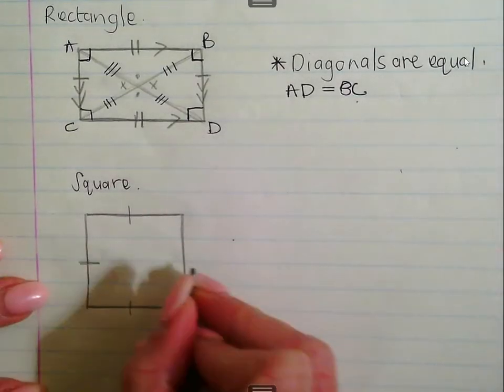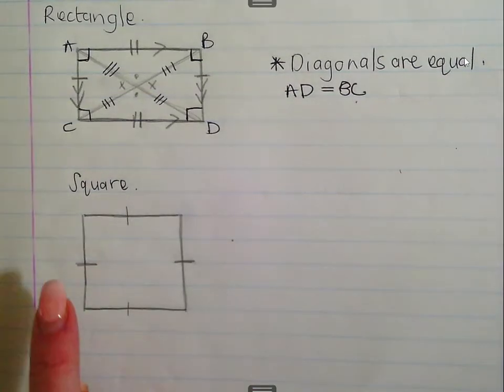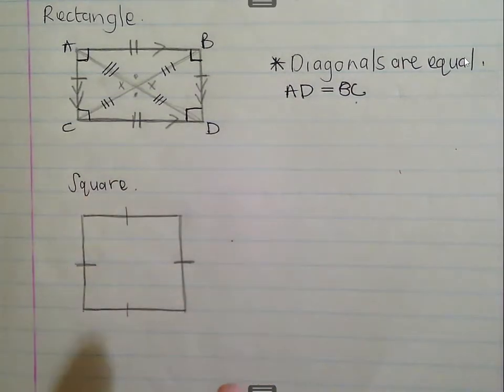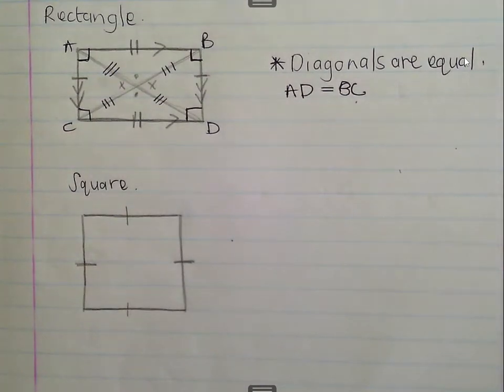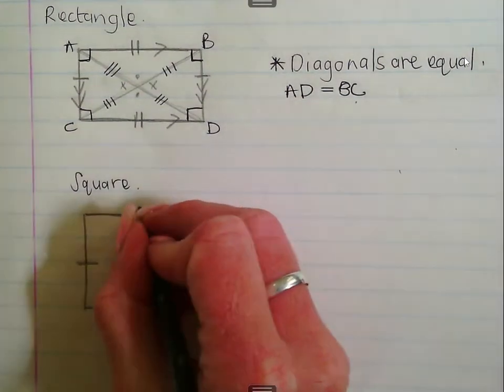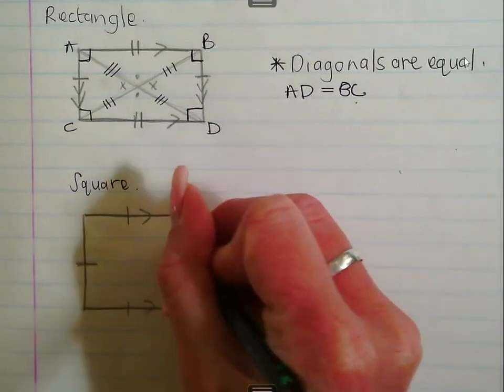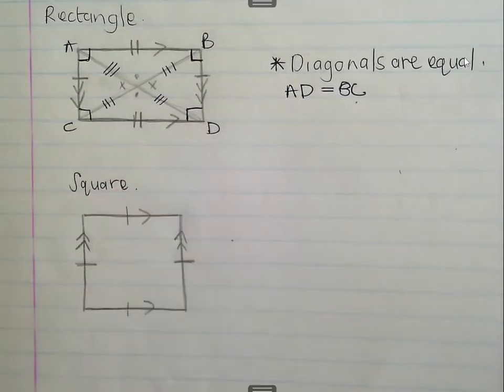But like the rhombus, they are all equal to each other. The adjacent and the opposite angles are equal. Then it also has two pairs of opposite sides parallel to each other.